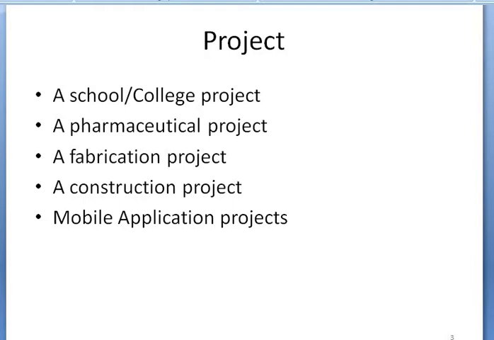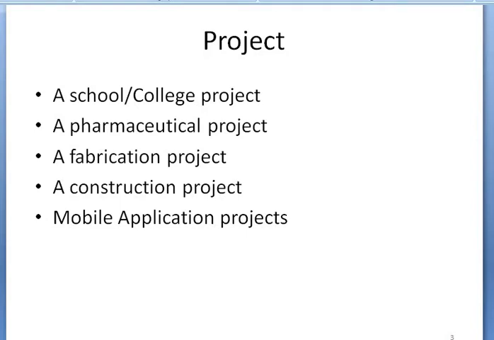These projects can be large or small. They can be completed within one day, or may take years to complete. They can involve a single person or thousands of people at a time.